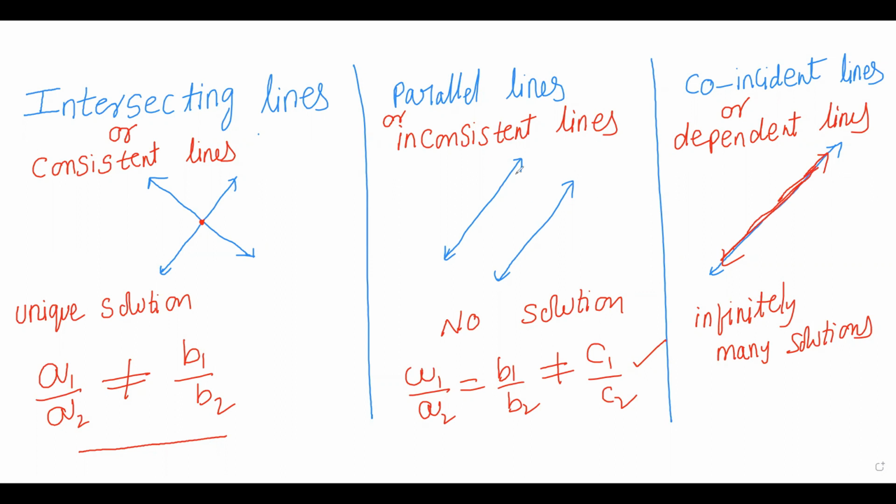Because parallel lines will never meet. Solution means wherever two lines meet, that is the solution. Condition for coincident lines is a1 by a2 is equal to b1 by b2 is equal to c1 by c2. Please note down.